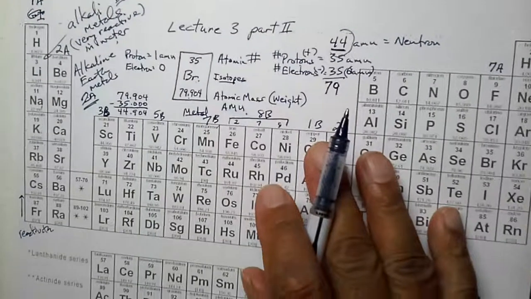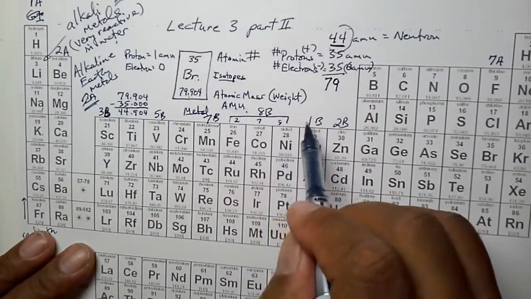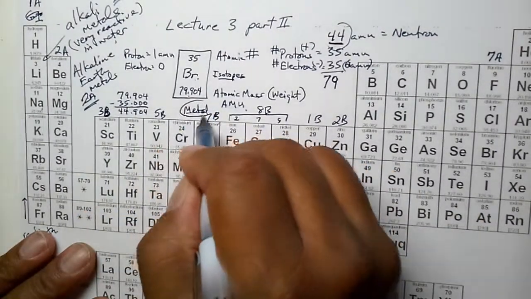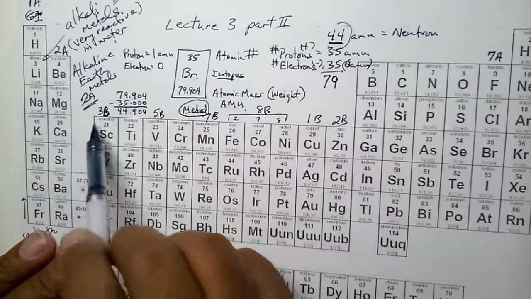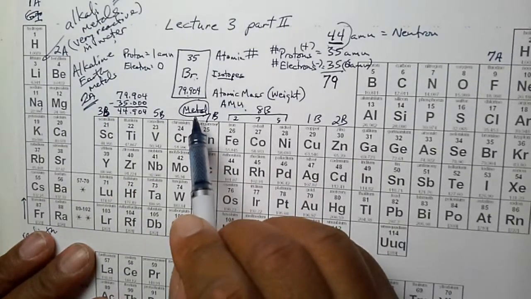And we'll talk about those orbital structures later. And so what you want to remember is that from 3B all the way to 2B, we're talking about metals.